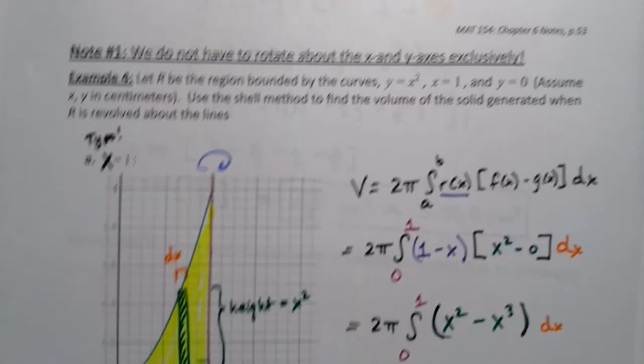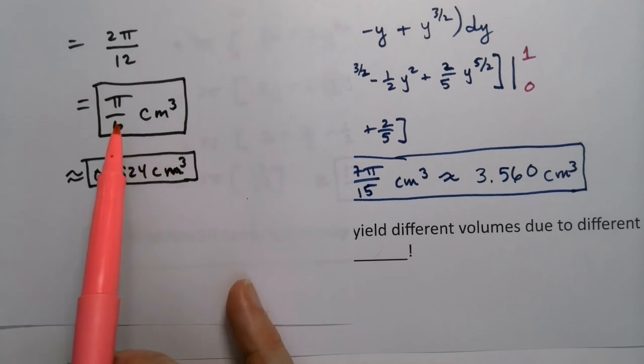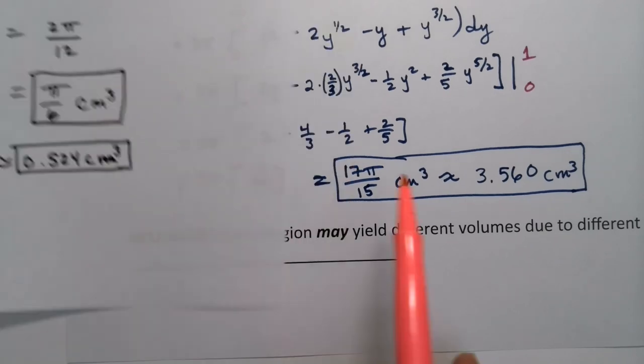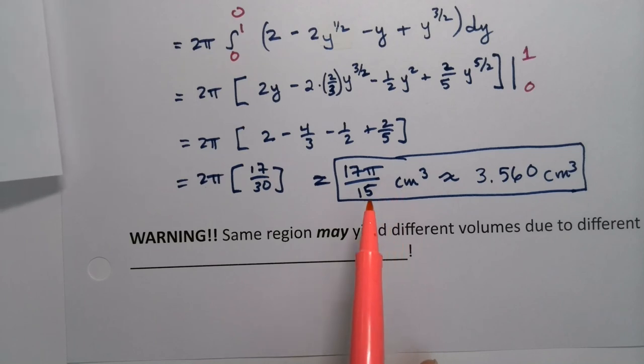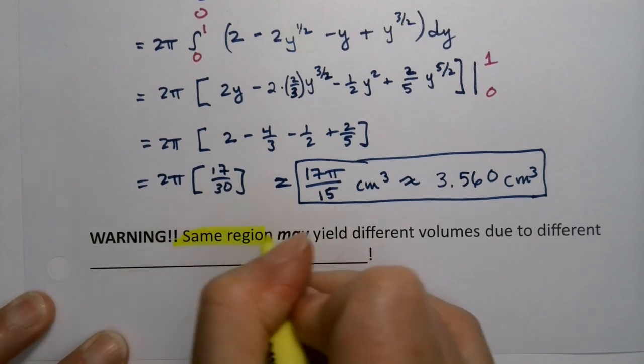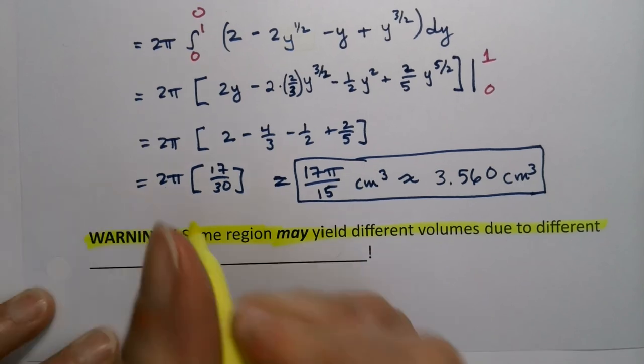But what did we learn about the volumes? So part A, rotating around the line x equals 1, got us pi over 6. Part B got us 17 pi over 15. They're very different, right? So that you can have the same region, right? We had the exact same region, may yield different volumes due to different axes of rotation.